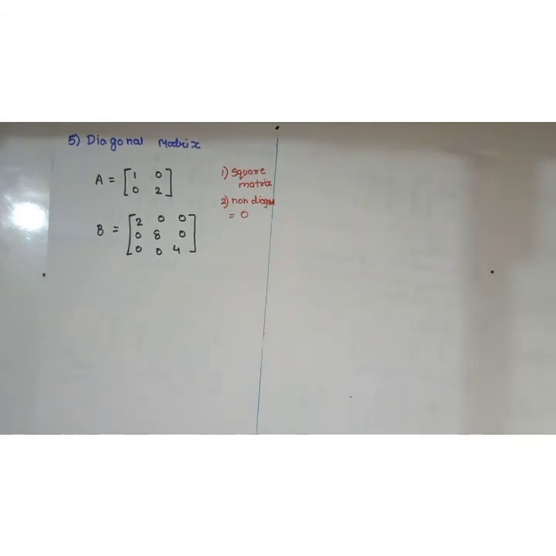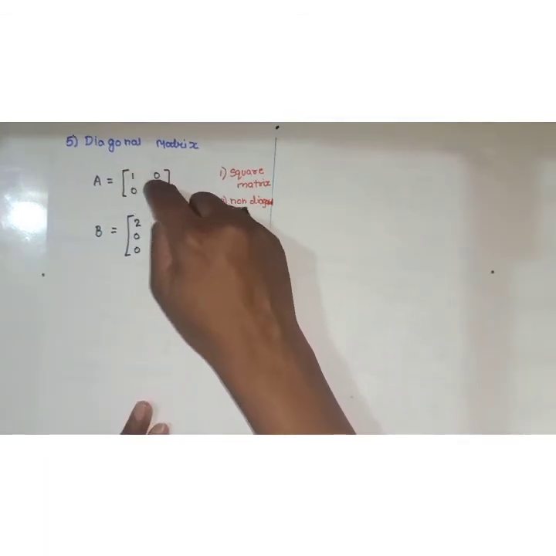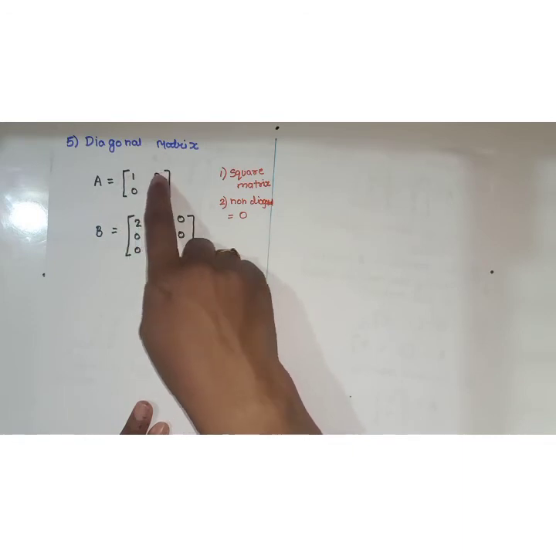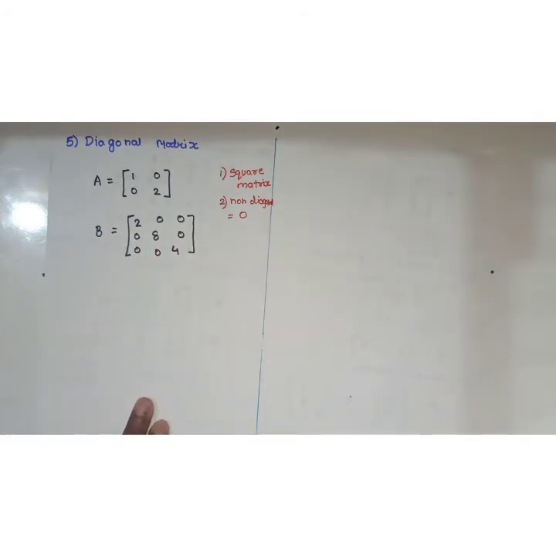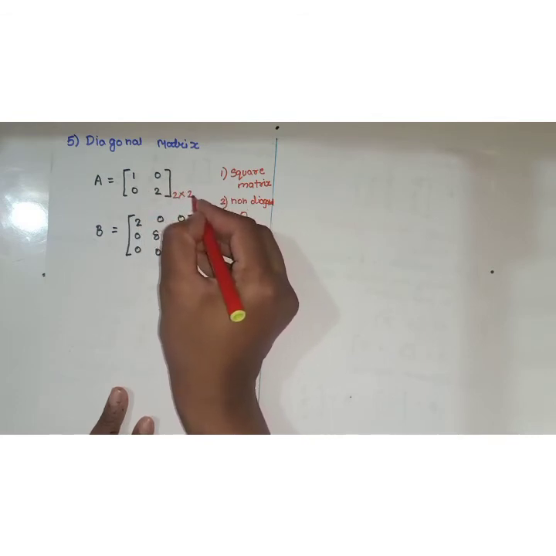Now here, if you see these two examples, we are having the diagonal elements, and the non-diagonal elements are 0. Here also the diagonal elements are there and the non-diagonal elements are 0. So it is called a diagonal matrix. Moreover, how many rows are here? 2. How many columns? 2.